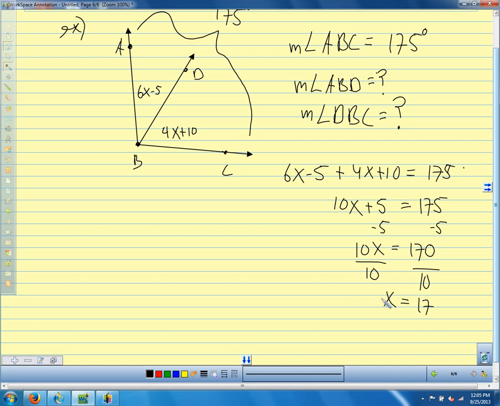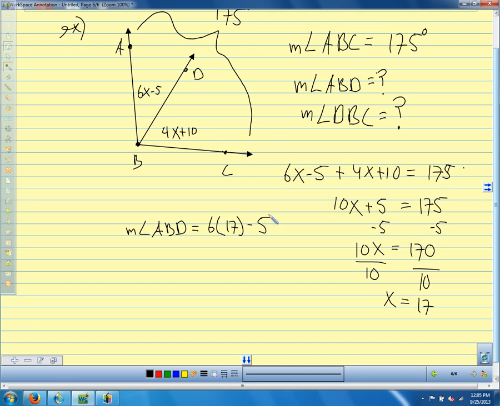I'm going to write this down as my answer. Now we have to plug it in. Oh, the problem asks us to find the angles, not just to find x. Finding x was just our intermediate step. So we can plug x in up here to find our angles. The measure of angle ABD equals 6 times 17 minus 5.